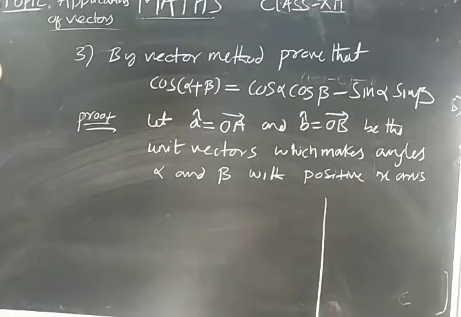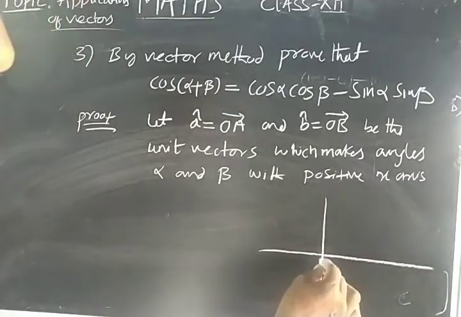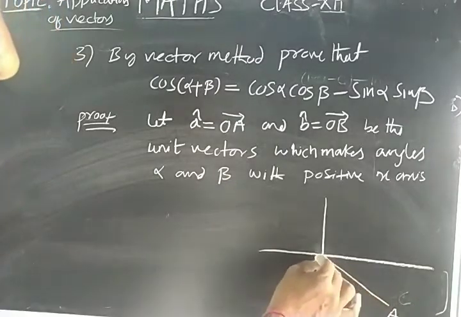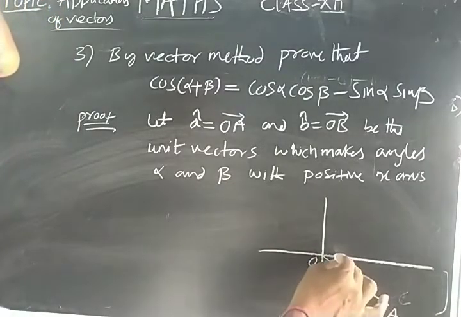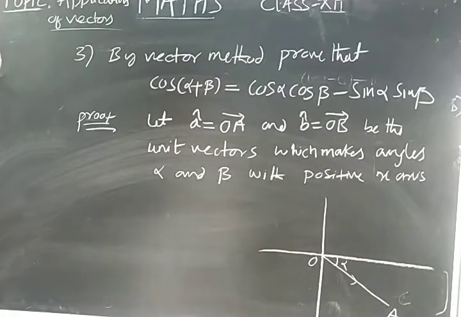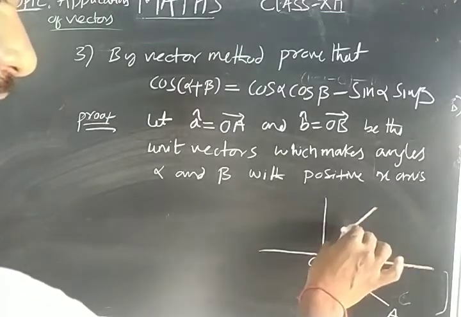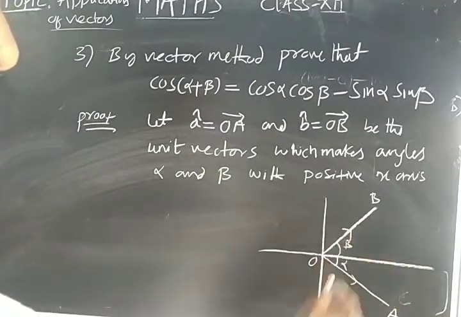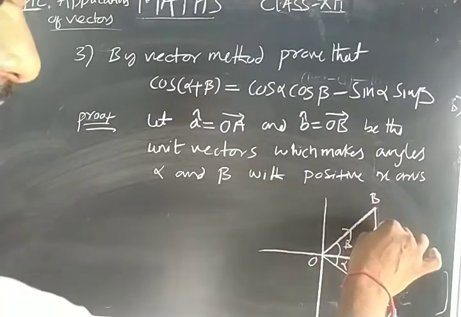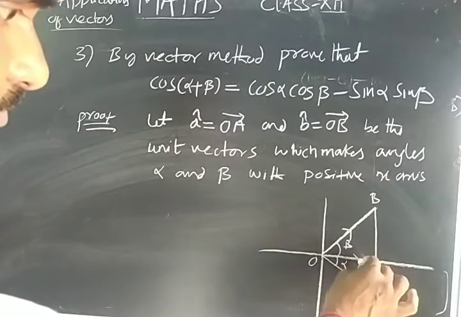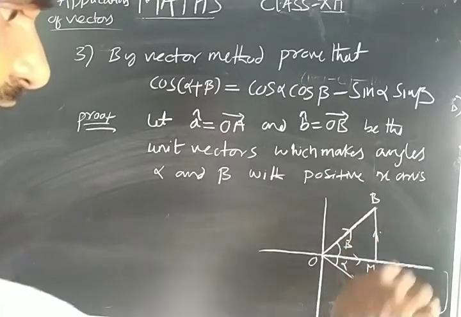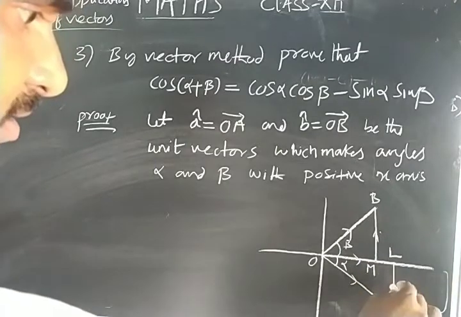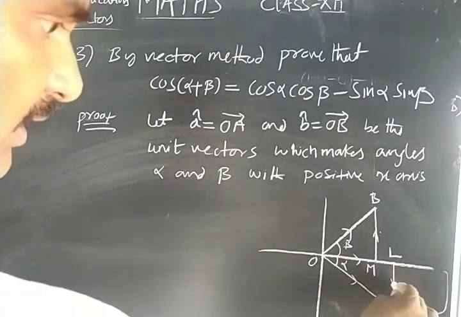See here, I will draw the figure. Here I am taking OA. This is O and this is OA. It is making angle alpha with the positive x-axis. Here I am taking OB. This is B. It is making angle beta with the positive x-axis. I will draw one perpendicular here, M, and show the directions. And here I will draw one perpendicular L. The direction will be like this.